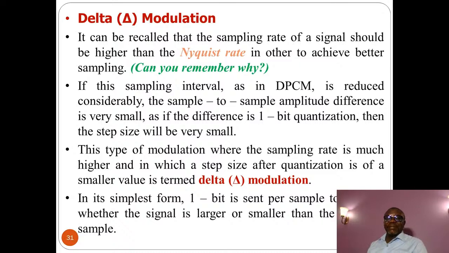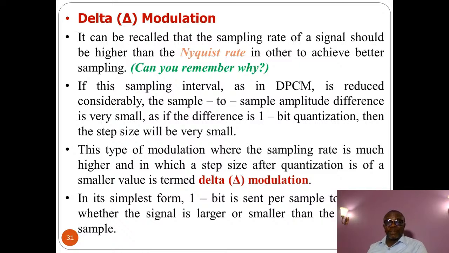If this sampling interval, as in DPCM, is reduced considerably, the sample to sample amplitude difference is very small, as if the difference is 1 bit quantization, then the step size will also be very small.